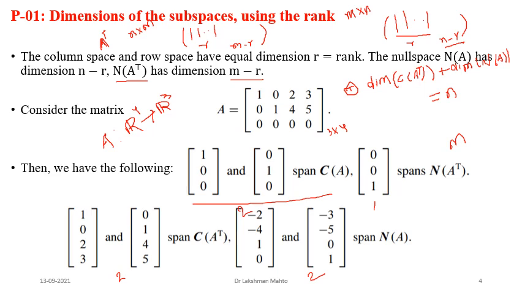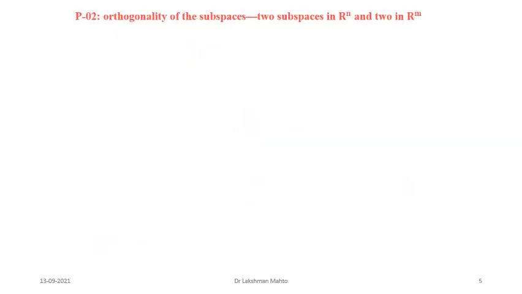And here the column space of A transpose and null space of A happen to be within R4. That's where the sum of the dimensions of these two spaces is 2 plus 2 equal to 4. That one is equal to the dimension of our source space or domain space. So this is part 1 of the fundamental theorem of linear algebra. Now we will go to part 2.